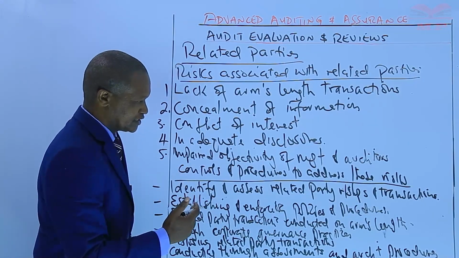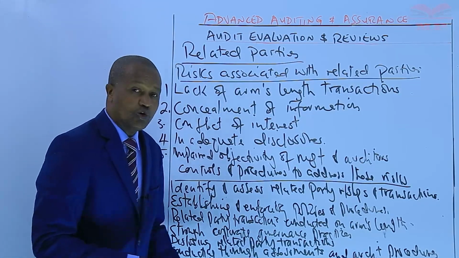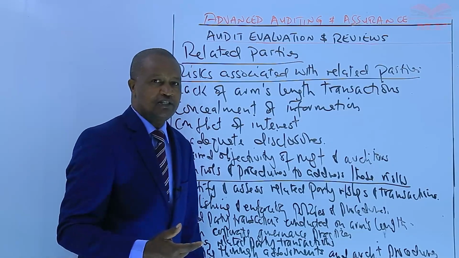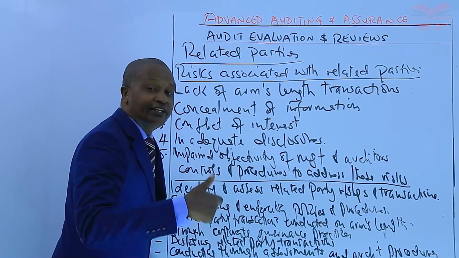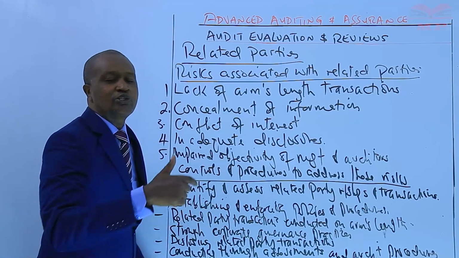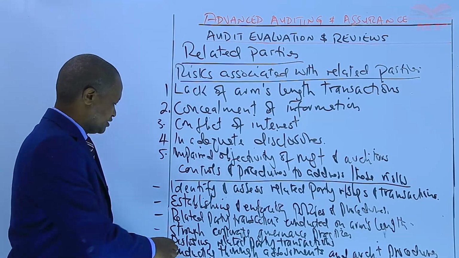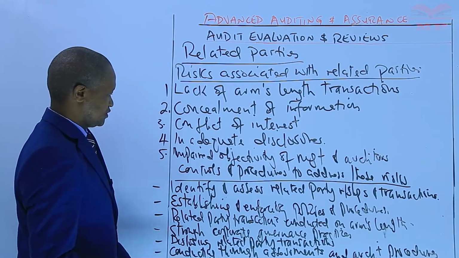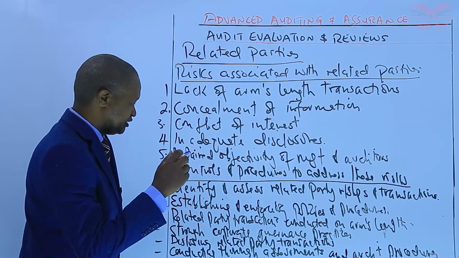The auditor should conduct thorough assessment and audit procedures to evaluate the appropriateness of related party transactions and the reliability of related party disclosures. So these are ways or controls and procedures to address these risks.